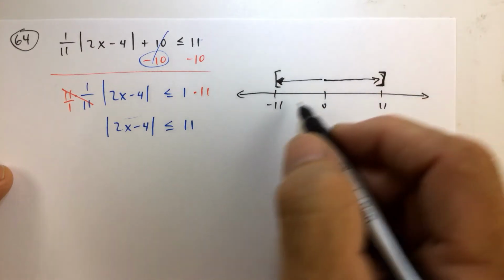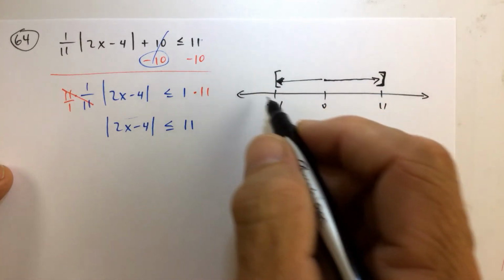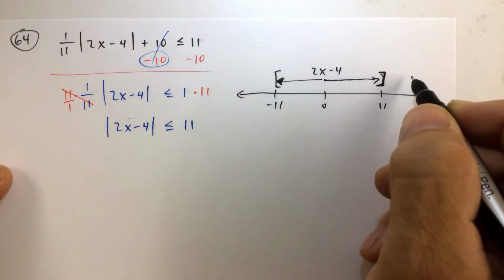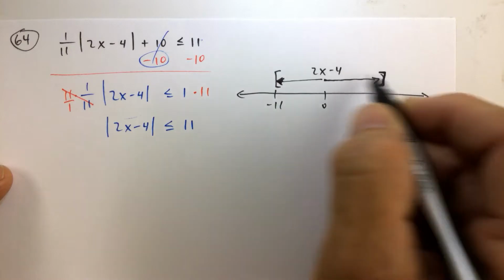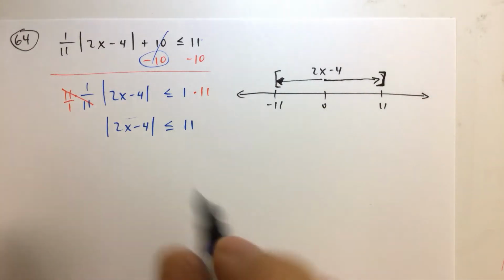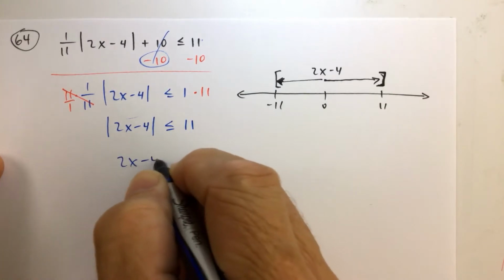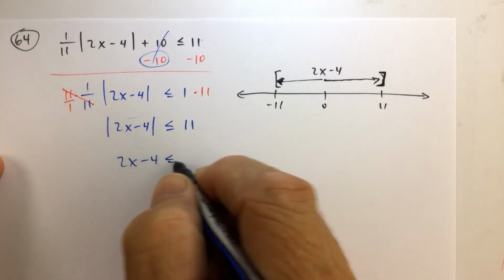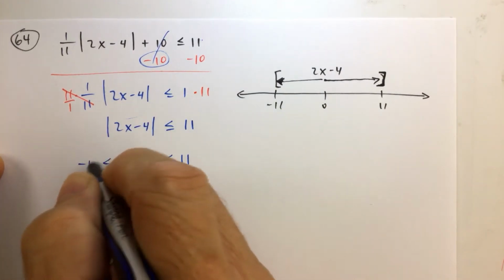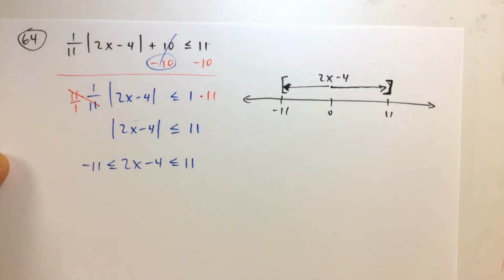Now, what can't go more than 11 to the right or to the left? Well, it's the 2x minus 4 that can't go more than 11. So we want to sandwich the 2x minus 4 in between less than or equal to 11, but greater than or equal to negative 11.